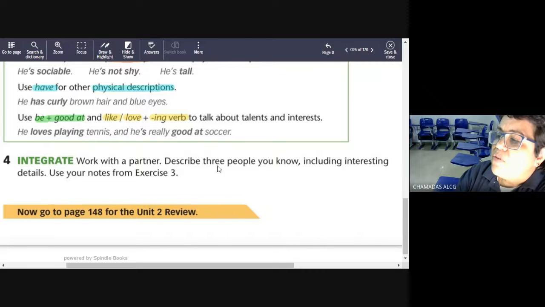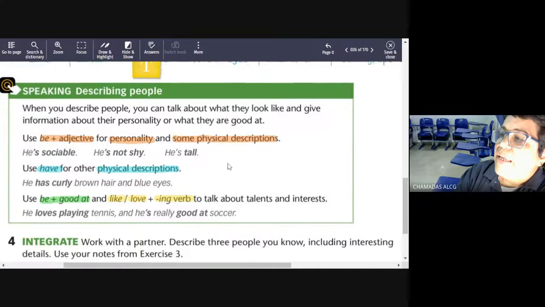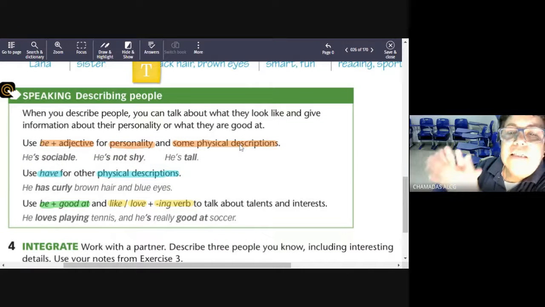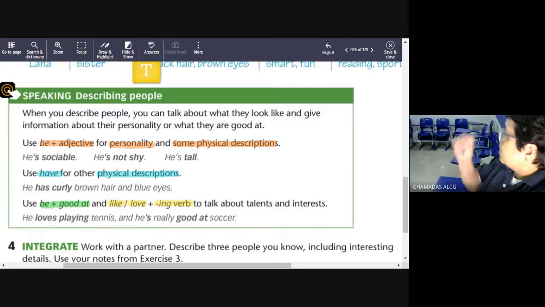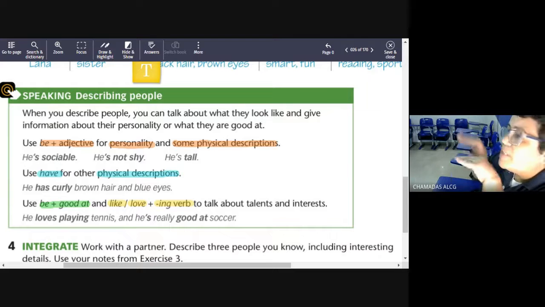Describe 3 people you know, okay? And then you can post the text on Google Classroom, under the date there of our class today, July 13th, you post there, okay?